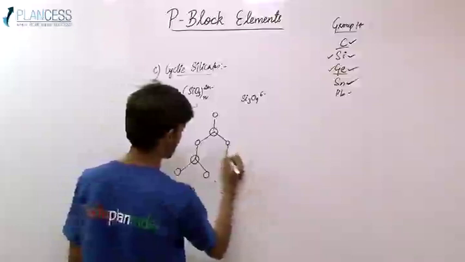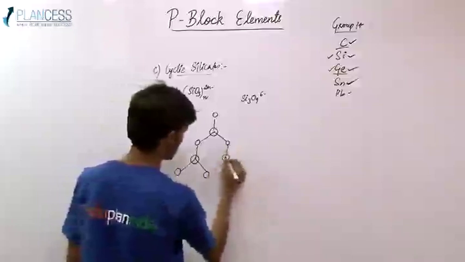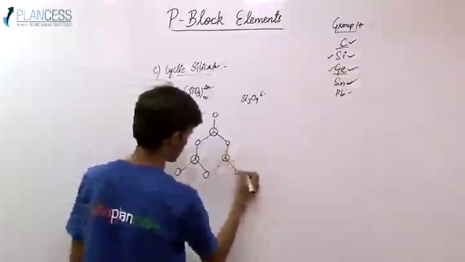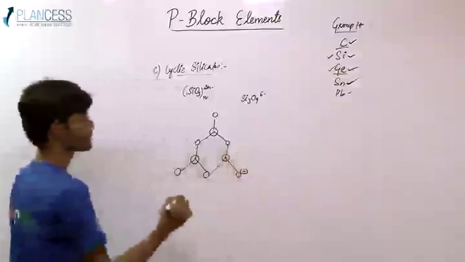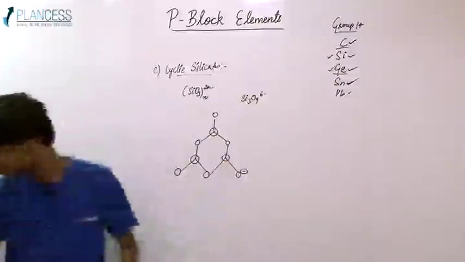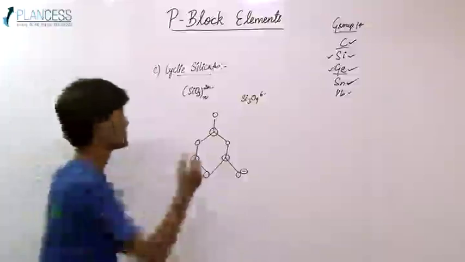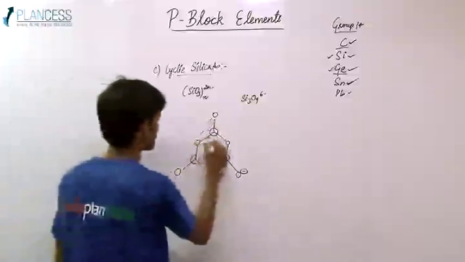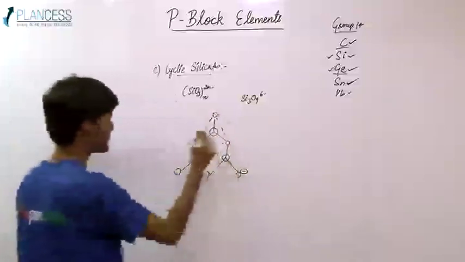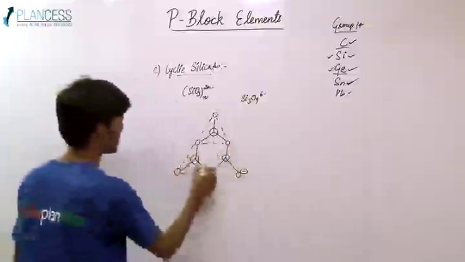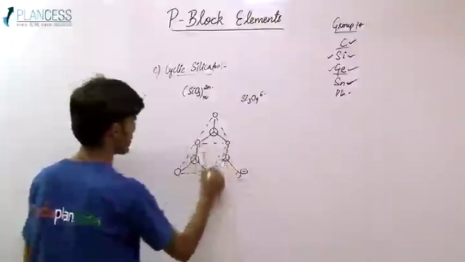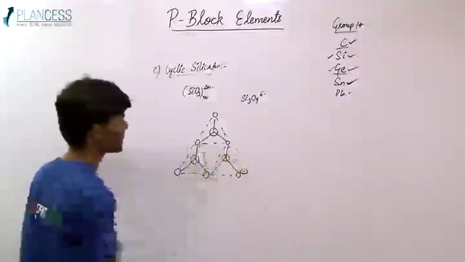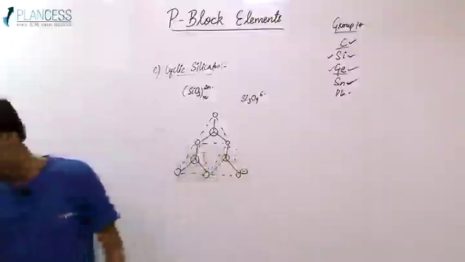So here it comes to a silicon atom, and this oxygen is shared. It would be something like this. This would be the structure of Si3O9: this is one entity, this is the second entity, and this is the third entity.